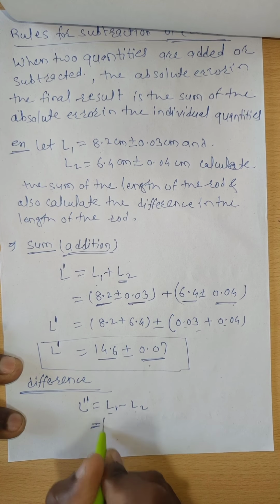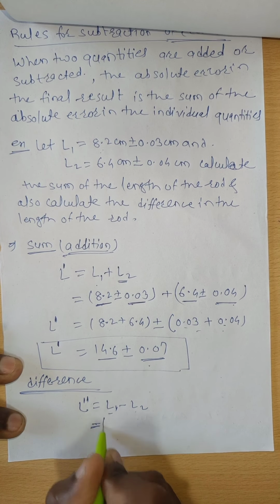While taking their difference, we take the difference between their true values, that is 8.2 minus 6.4, but we have to add their errors, that is 0.03 plus 0.04.